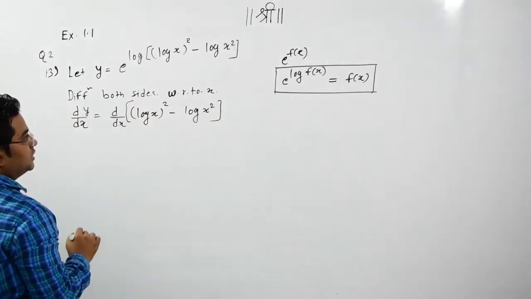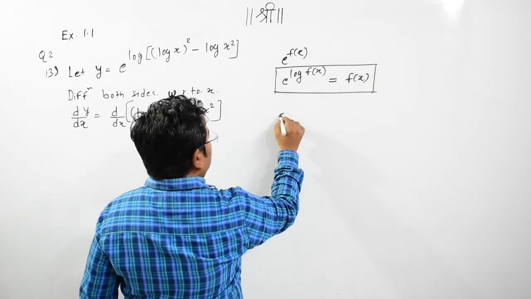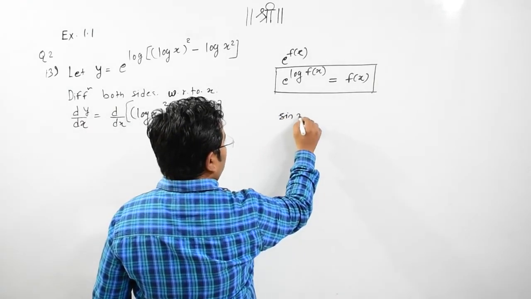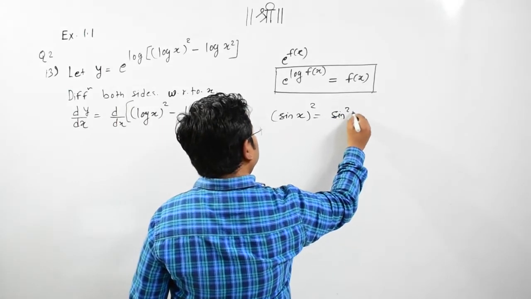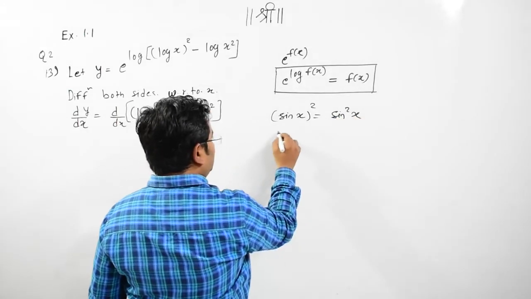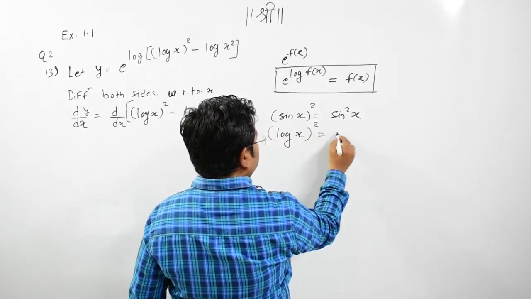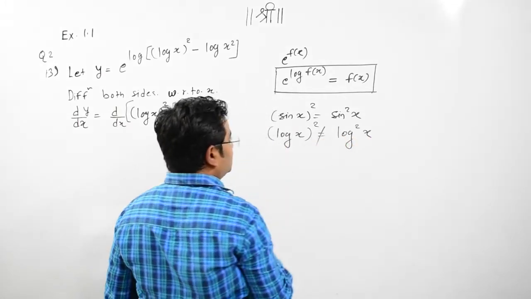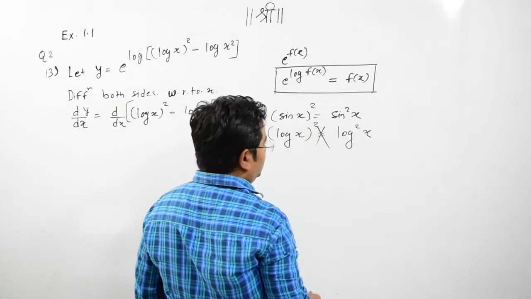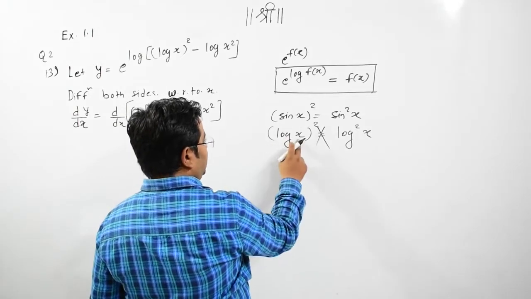Hope it is good. Again, one parameter I need to introduce is that sine of x bracket square is equal to sine square x. But log of x square should not be treated like this. So this is not proper, this is not defined. We are performing log, and log is taking log of x.